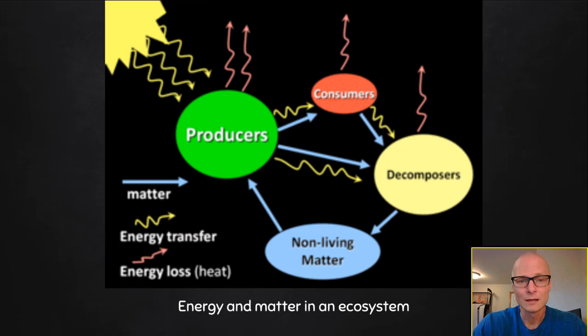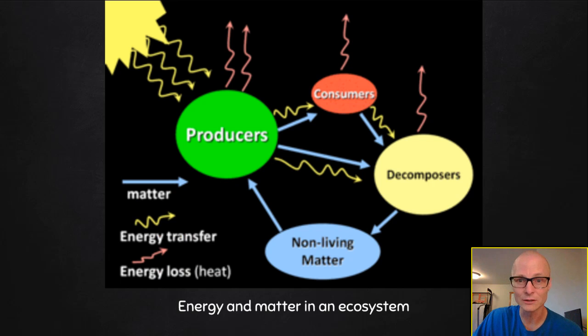There's some is that yellow line transferring over to consumers in terms of chemical energy when the consumers eat the producers. And we have the new arrow symbol introduced here, which shows matter being transferred when the consumers eat the producers. And then those consumers can pass that on to other consumers in a cycle, each of them losing heat.